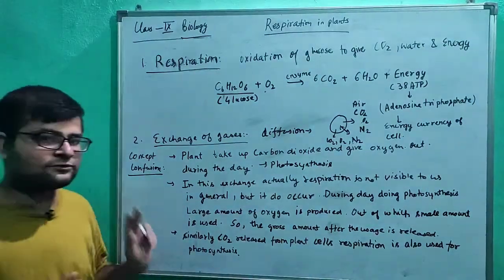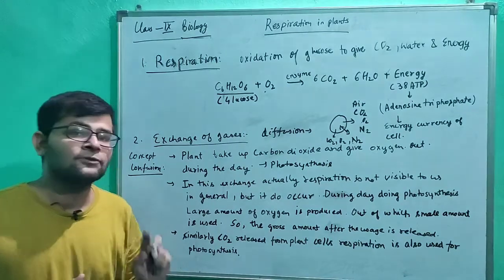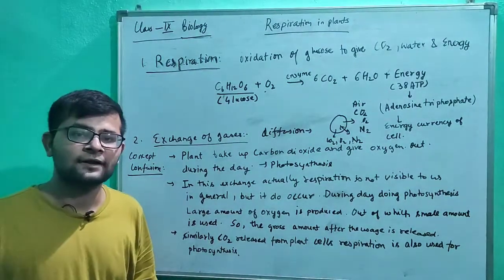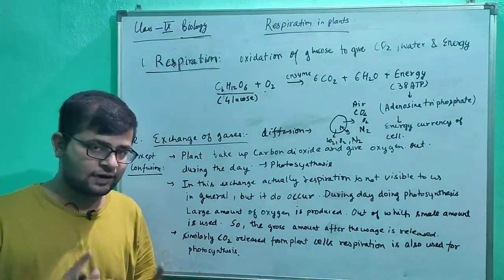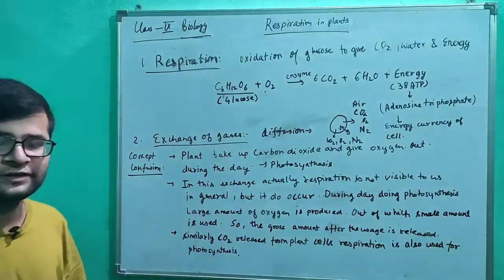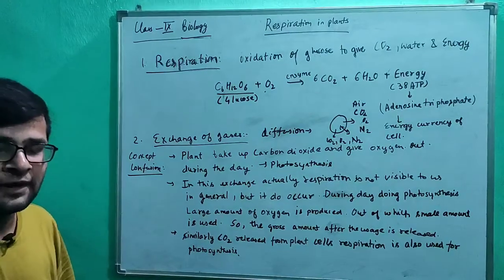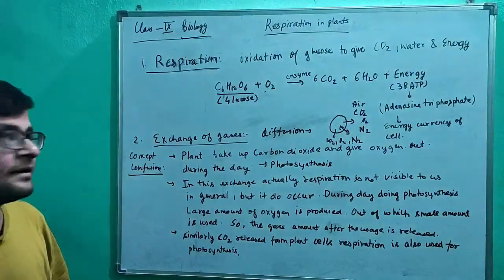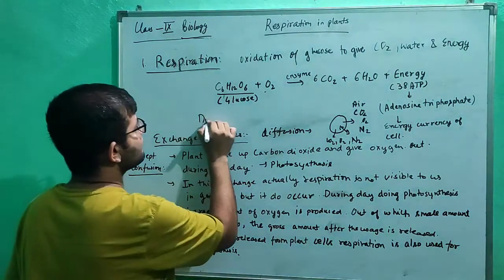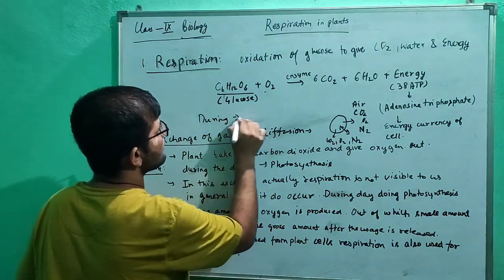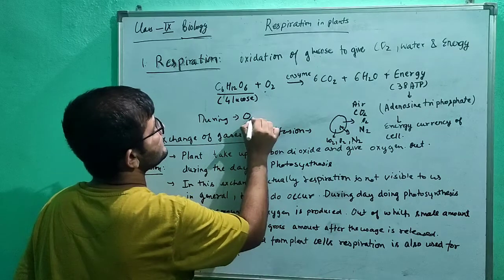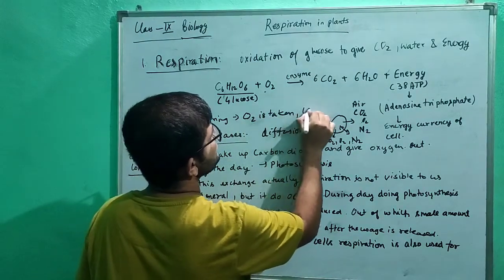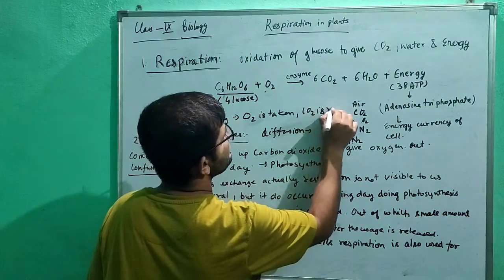The plant at that time also has to respire, so the plant will take up oxygen from the atmosphere, use it up and give outside carbon dioxide. During night oxygen is taken and CO2 is released.